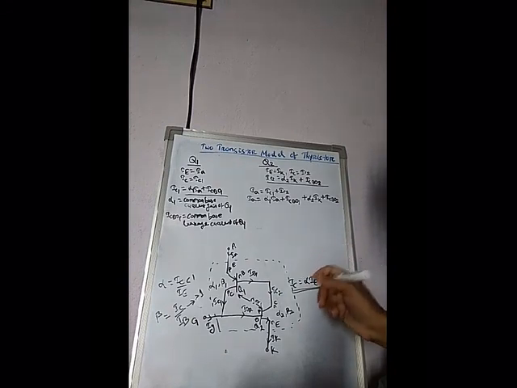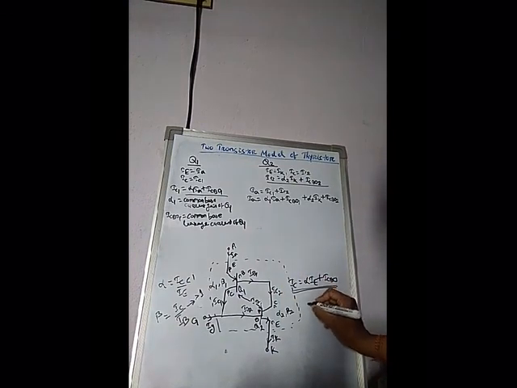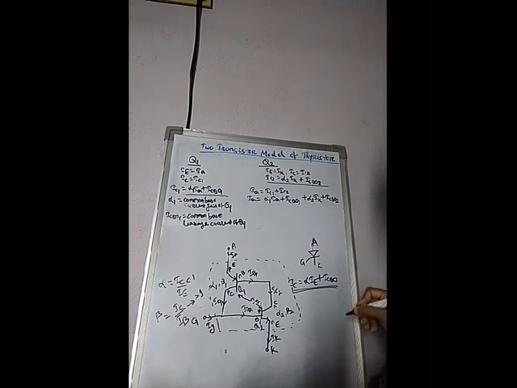If I apply gate current, this is the thyristor, this is gate, this is anode, this is cathode. So if gate current is applied, then IK, this is the cathode, this is anode, here IK is equal to IA plus IG.